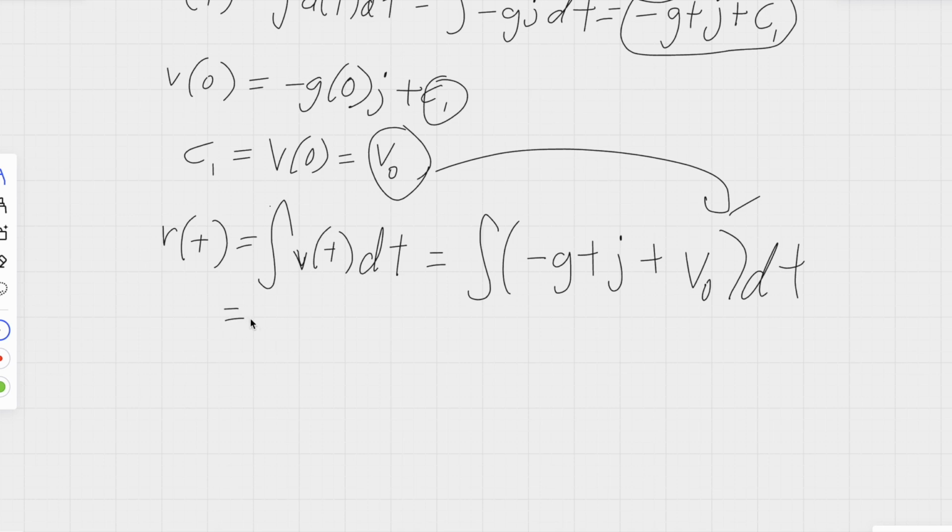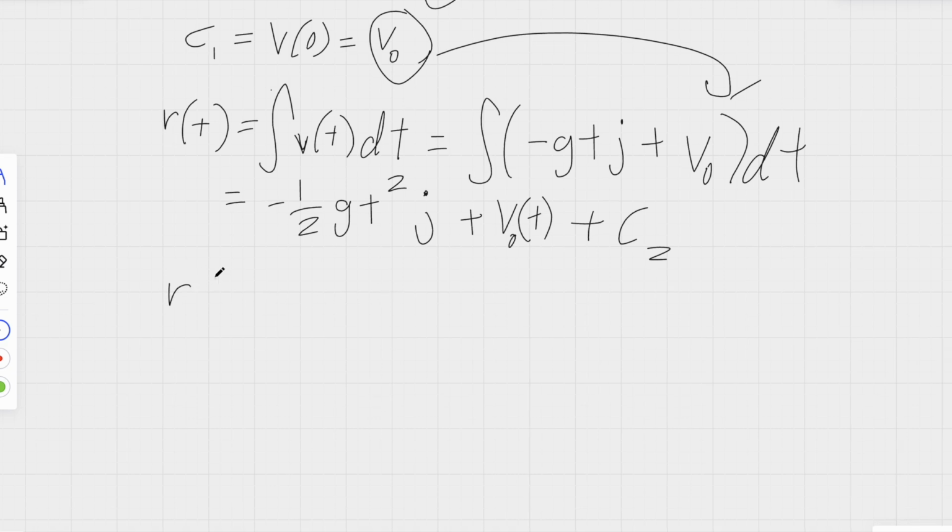As a result of integrating the velocity function, we get negative 1/2 gt squared j plus v naught t plus c sub 2, which is the second constant we get from integration.